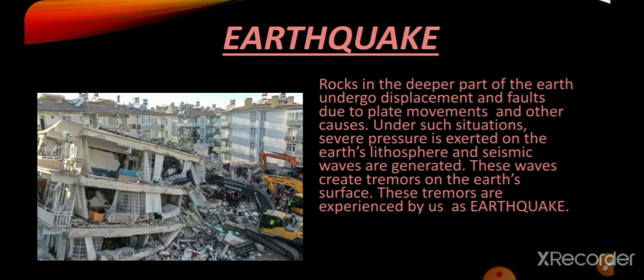Here the rock deep inside the earth undergoes displacement due to the lithospheric plate movements and causes a fault zone. Under such a situation, what happens? Severe pressure is exerted on the earth's lithosphere and seismic waves are generated. A pressure from the inside where the rock is displaced.